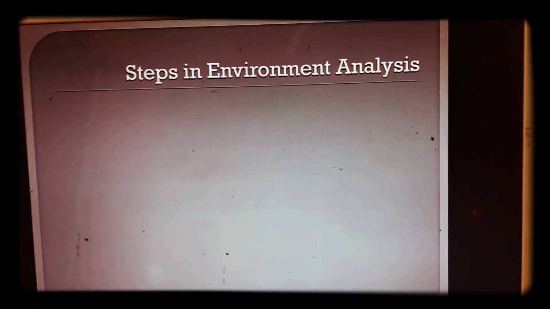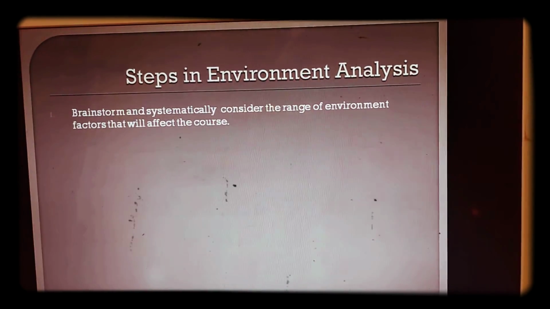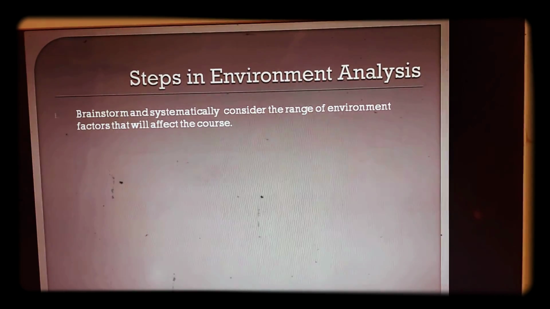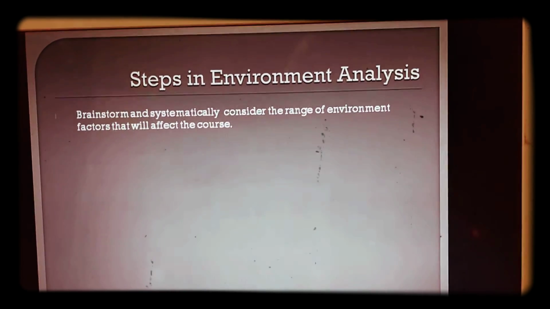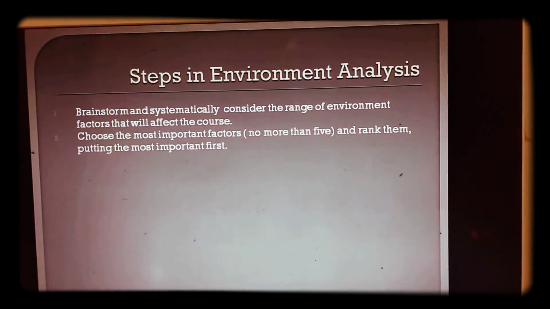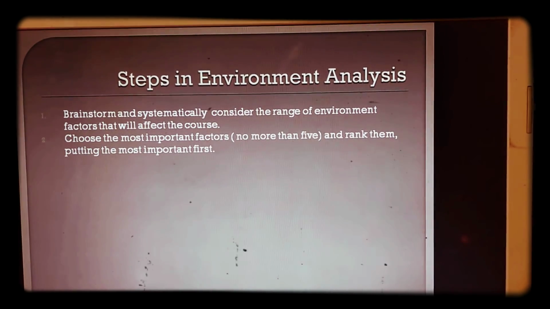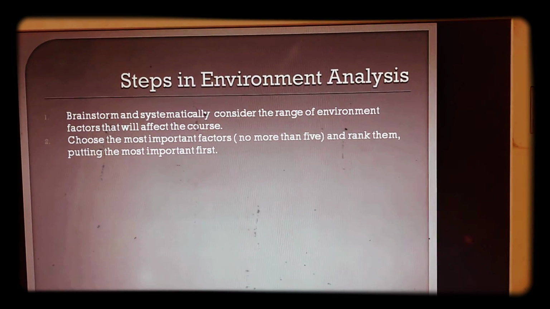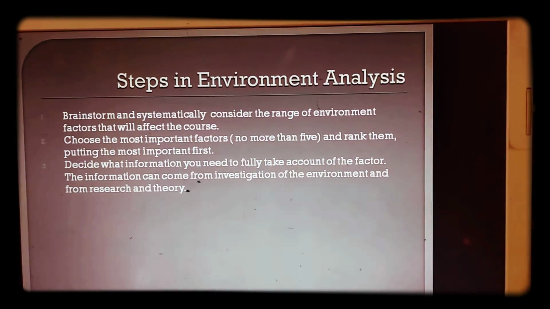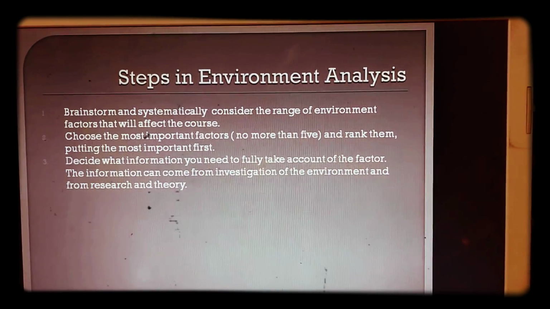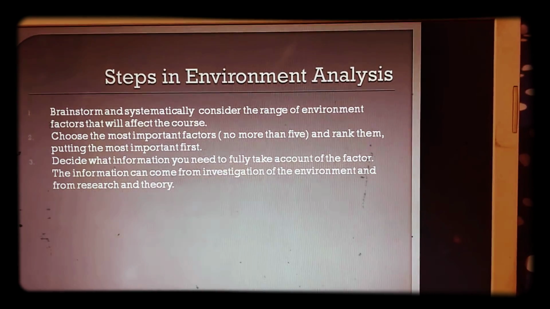Steps in environment analysis. First, brainstorm and systematically consider the range of environment factors that will affect the course. Next, choose the most important factors, no more than 5, and rank them, putting the most important first. Okay. Next, decide what information you need to fully take account of the factor.